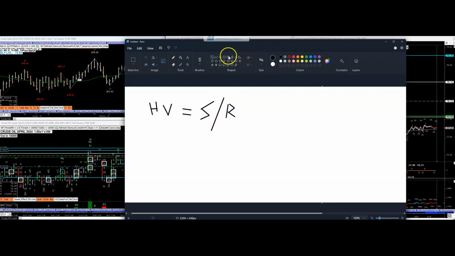Why is that? This is the logic here: for price to go above or below high volume, it has to absorb. If it cannot absorb all that volume, it will serve as support or resistance.